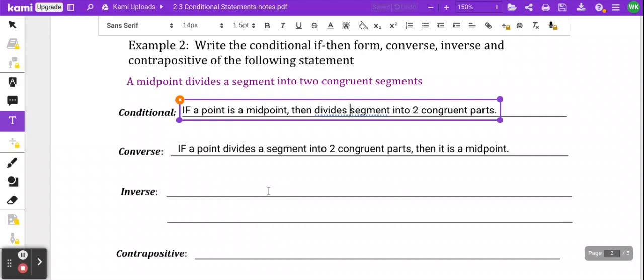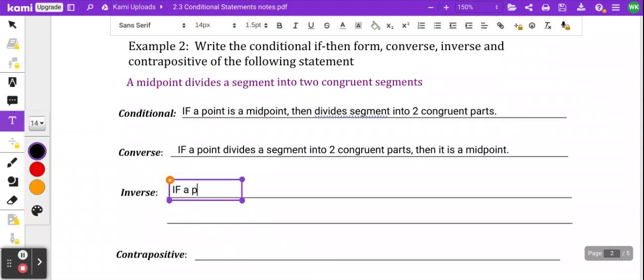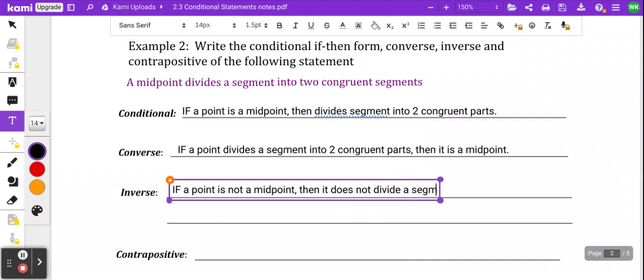For the inverse, we are going to negate the conditional statement. So the inverse will be, if a point is not a midpoint, then it does not divide a segment into two congruent parts.